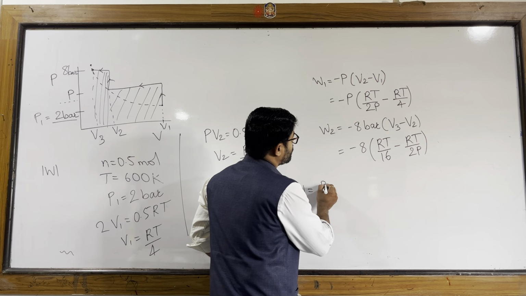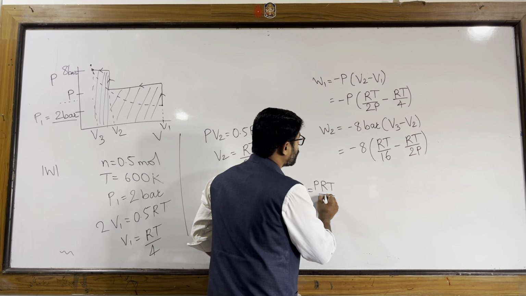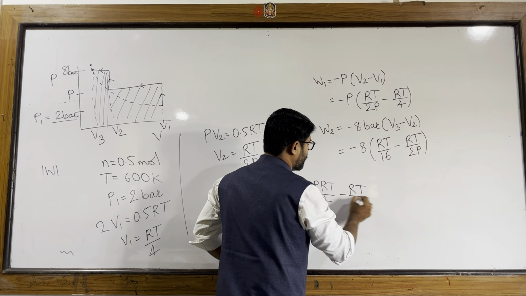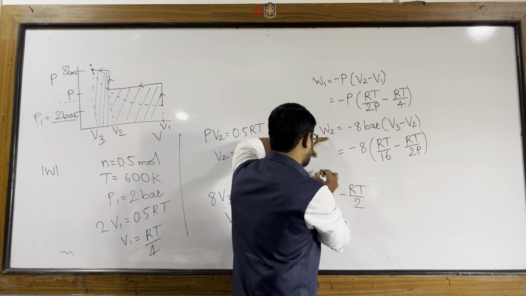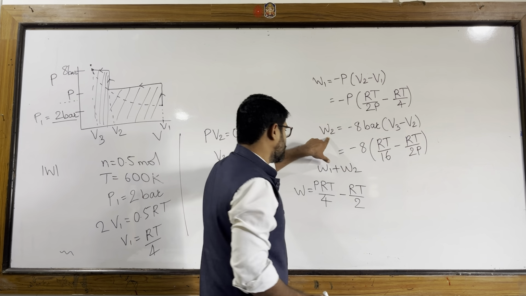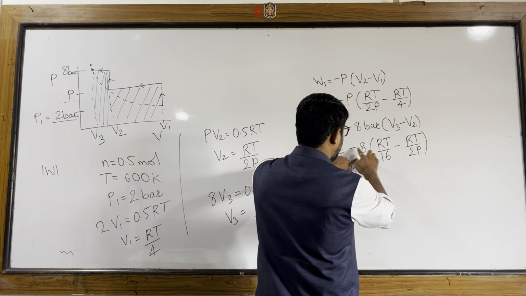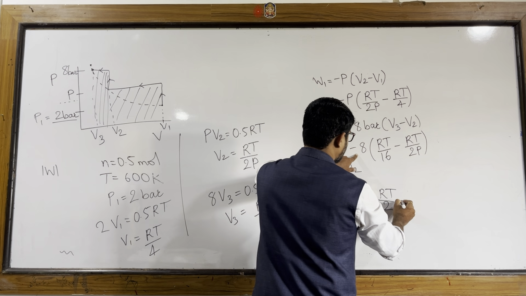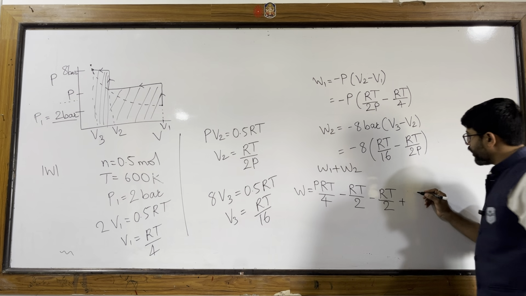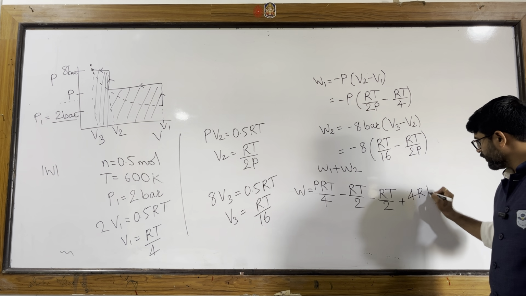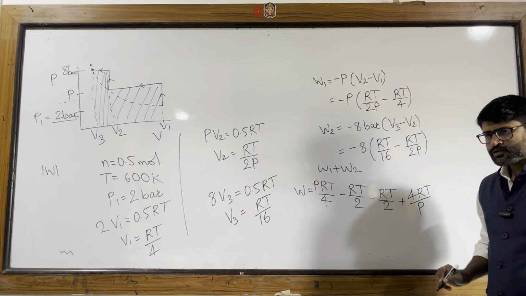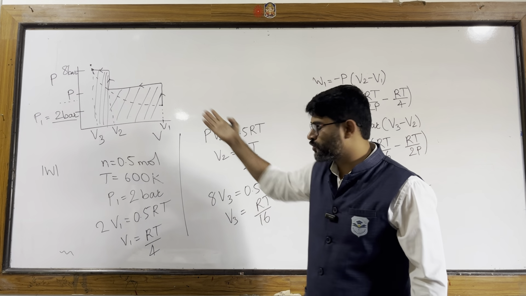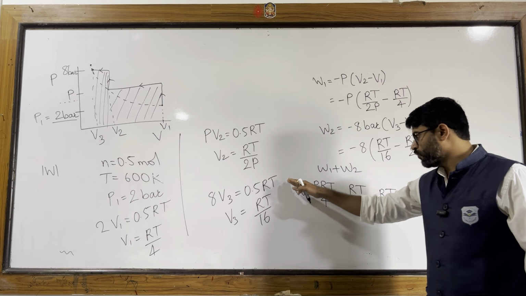We have PRT by 4, minus RT by 2 from the first step. In the second step, P cancels out, giving minus RT by 2 and plus 4RT by P. The total work is W1 plus W2. The work here is positive, as this is a compression process, so the mod of work will be the same value.